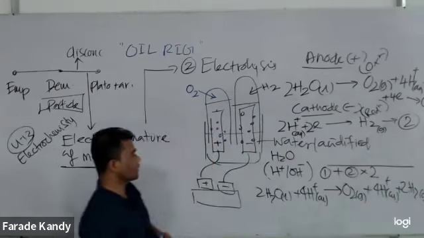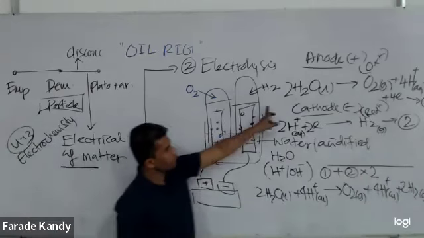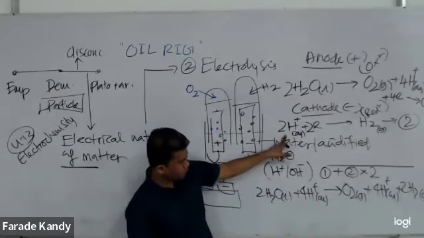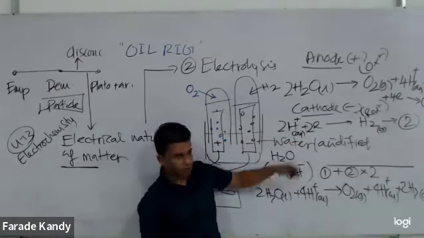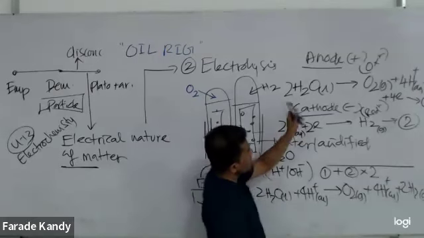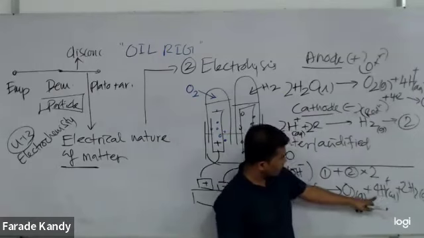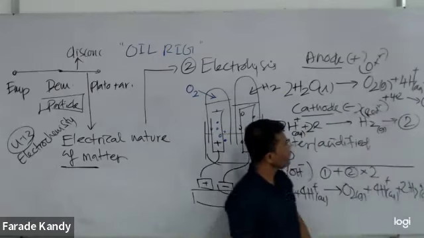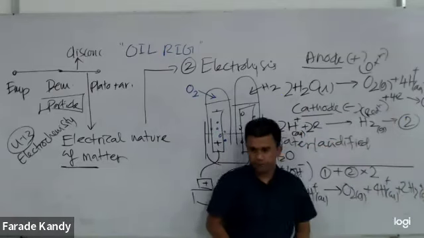On the left, 2 water, 2 water multiplied by 2, then 4H plus and 4 electrons. I can write the electrons if you want, but they cancel. The other side has O2 gas, 4H plus aqueous, and 4 electrons, and this is multiplied by 2, therefore 2H2.